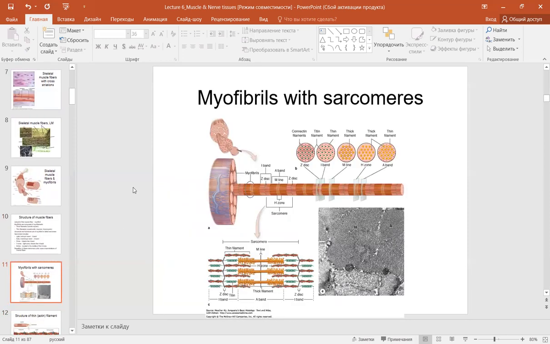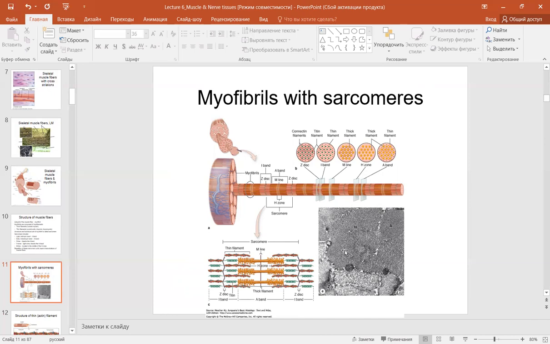Here you have another view of the myofibril, consisting of thick myosin filaments, thin actin filaments, and this is the Z line cross-linking the actin filaments, and this is the M line cross-linking myosin filaments.